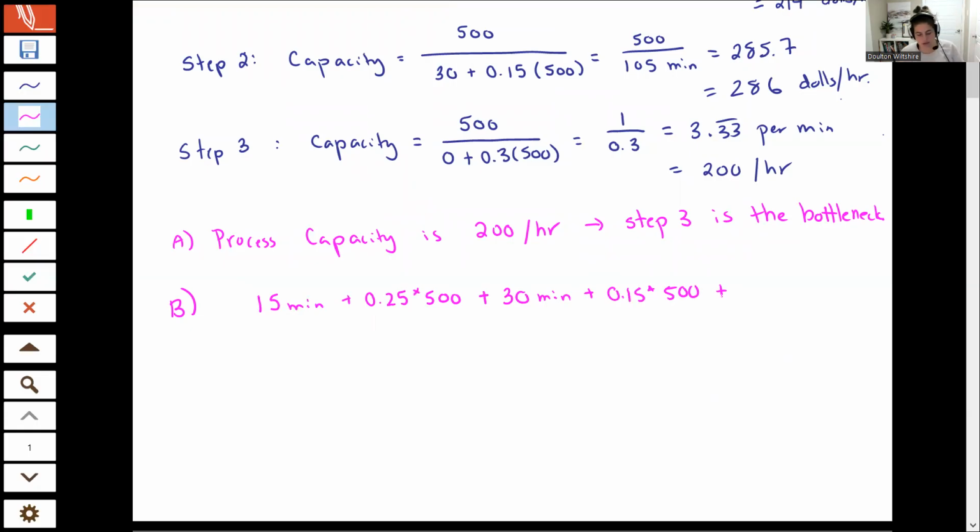And then for the dressing, right, there's no setup. And it's 0.3 for each of those 500 there. And so this equals 395 minutes. Okay.